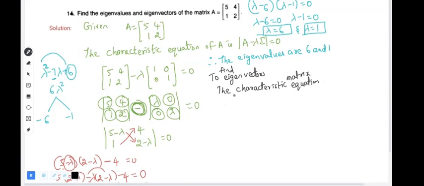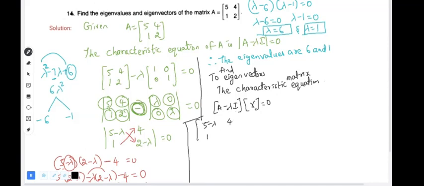So what is my characteristic matrix equation? It is A minus lambda I into X equals 0. That is nothing but A minus lambda, which is [5 minus lambda, 4; 1, 2 minus lambda]. X is nothing but, since we have two rows, we'll write it as x and y, equals 0.